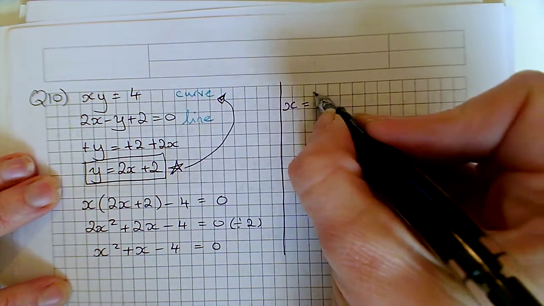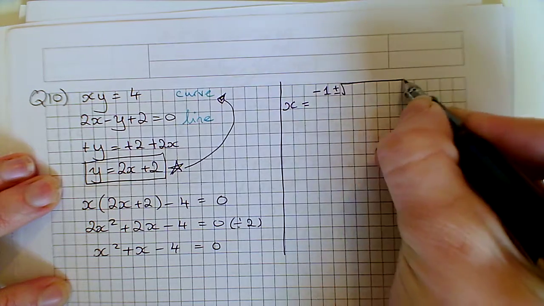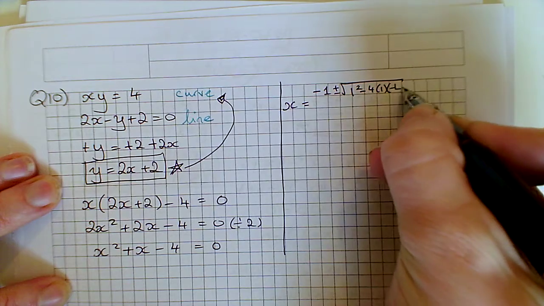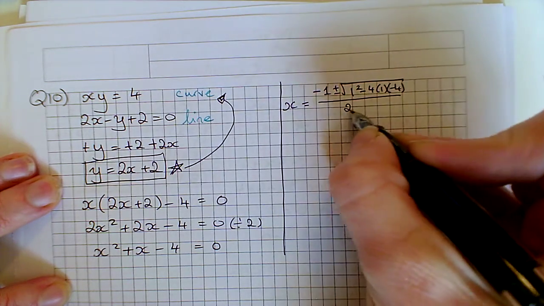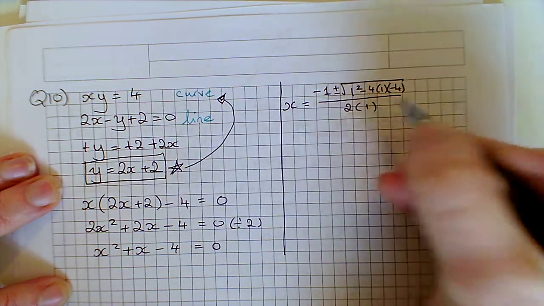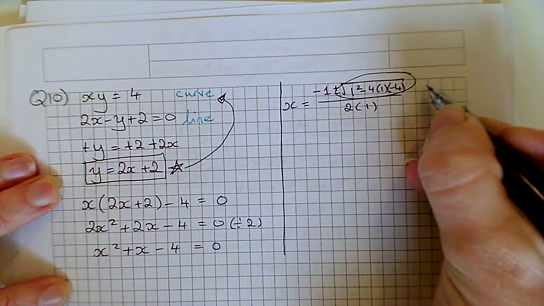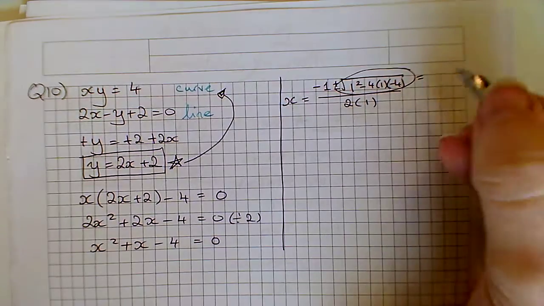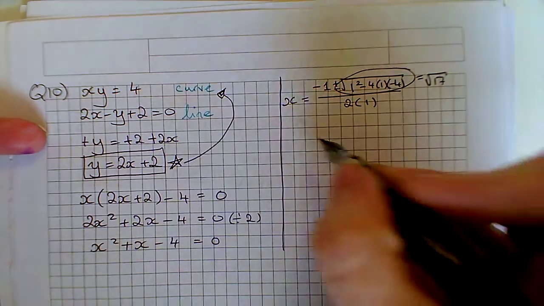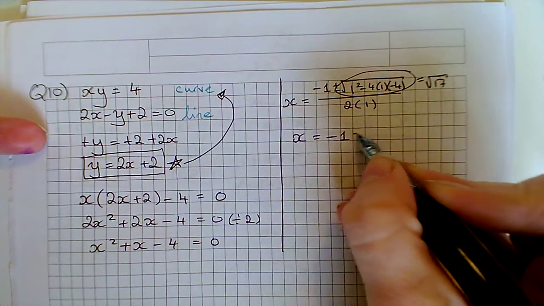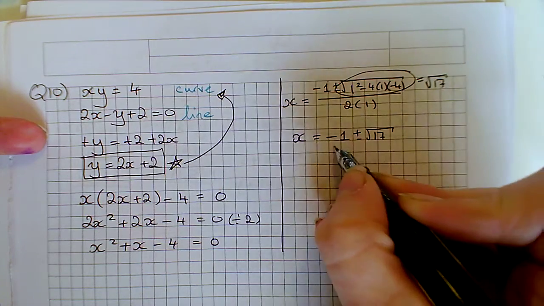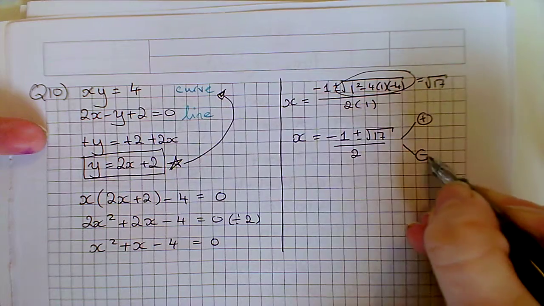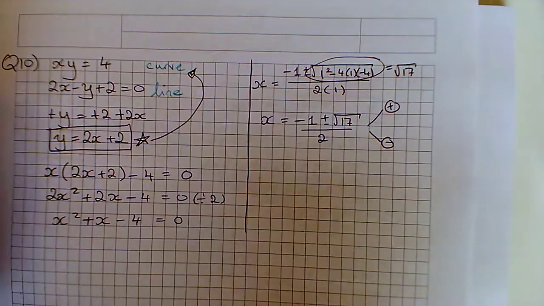So x is minus b plus or minus the square root of b squared minus 4ac all over 2a. And when I put this into my calculator, just the square root part, I get 1 plus 16, so I get the square root of 17. So x is going to be minus 1 plus or minus the square root of 17 over 2. Let's do it to 2 decimal places just to make our answers look a little bit neater.